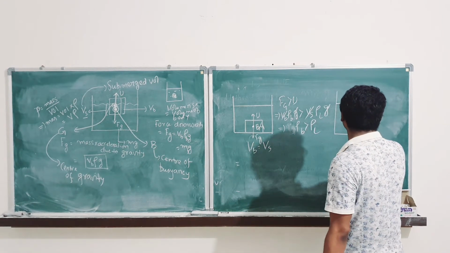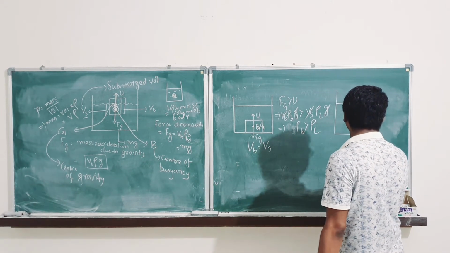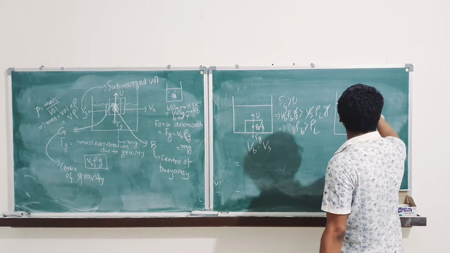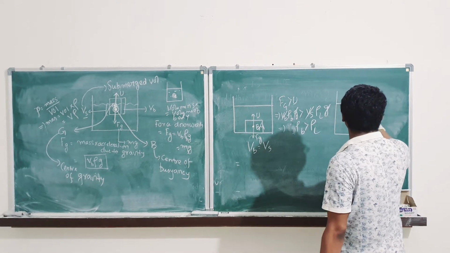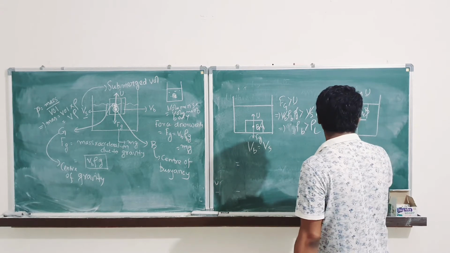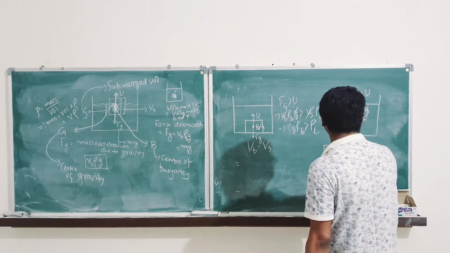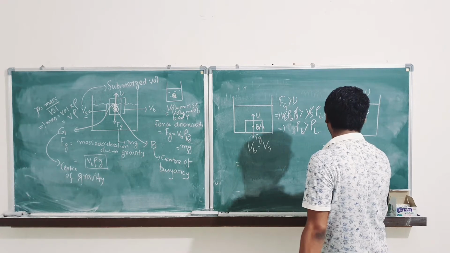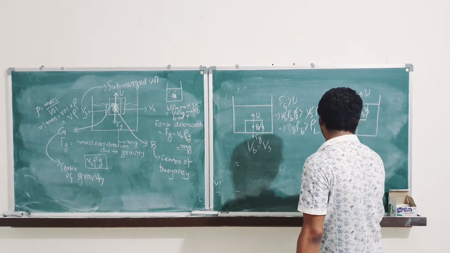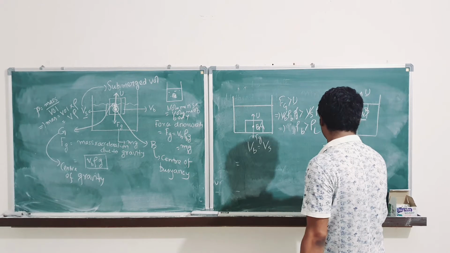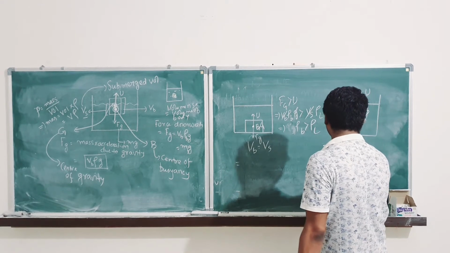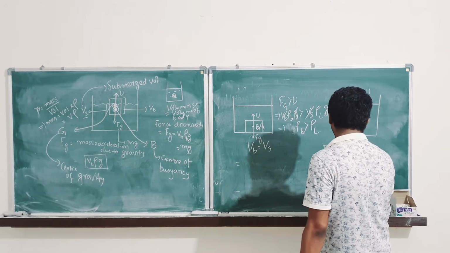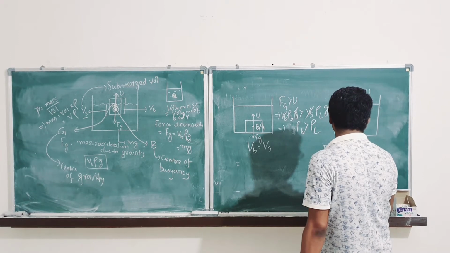Here also you can see the Fg and the U will be acting on the same point, G and B will coincide. So here we can say, because it is just floating, Fb is equal to Fg. So what is Fb? Fb is nothing but Vs rho L g is equal to Vb rho b g.